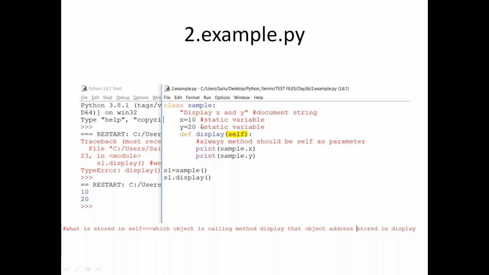The sample.x is 10, sample.y is 20. So the same thing got displayed here. Any question? Giri and Amni? No, ma.